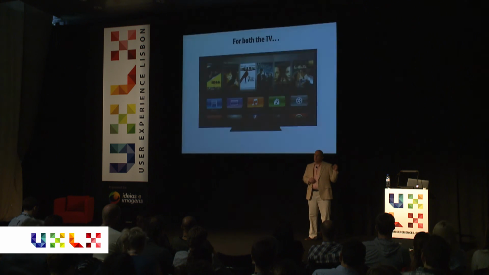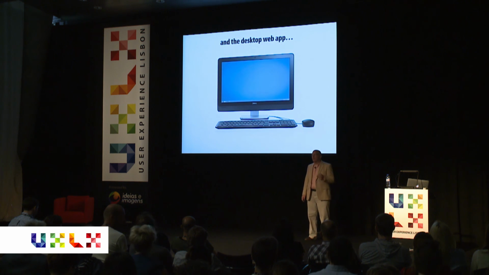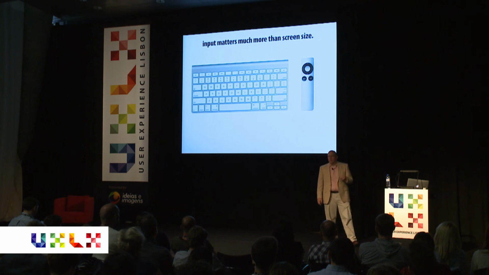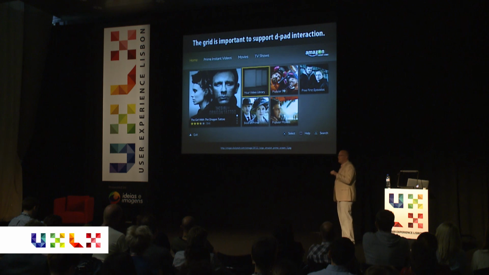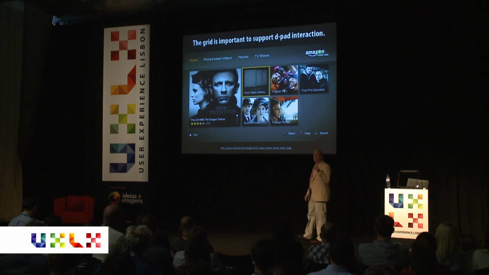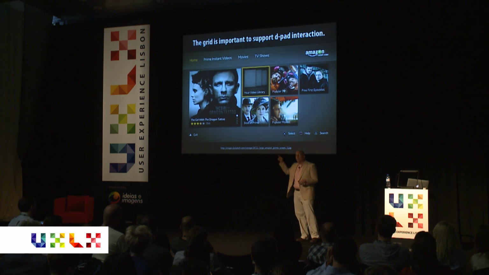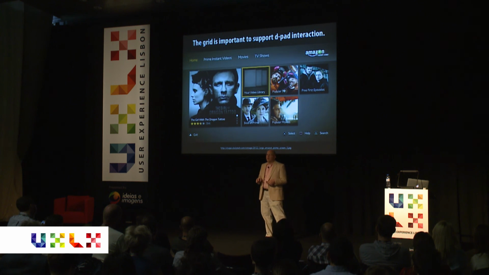For both the TV and for these desktop web applications, I believe that input matters much more than resolution. The grid in that TV design is important because of the D-pad. Because the D-pad doesn't allow a person to just pick up their finger and select an arbitrary point on the screen, or move their mouse to some other target on the screen that they're going to click on.